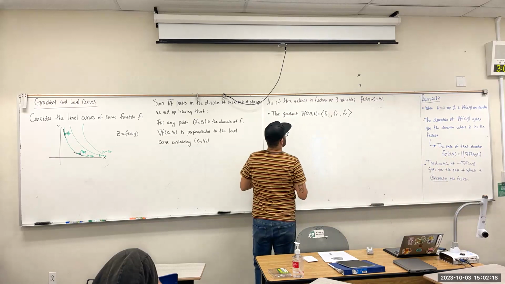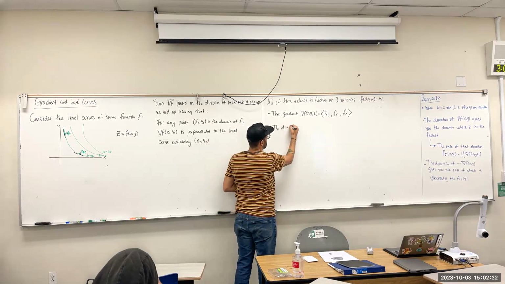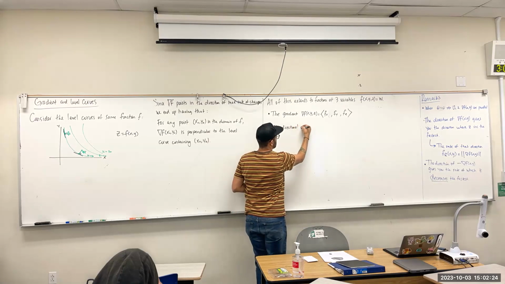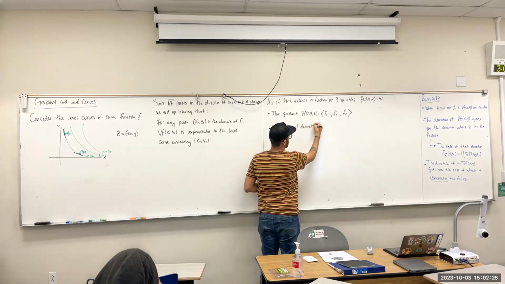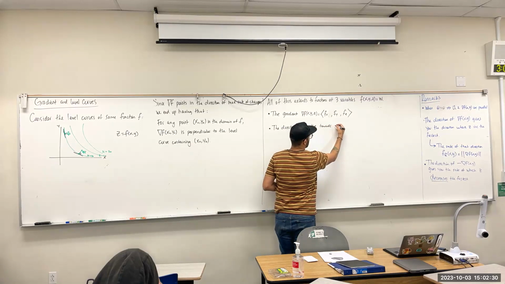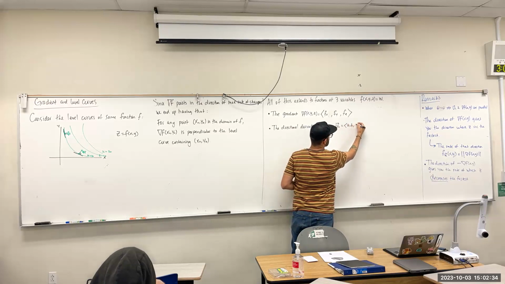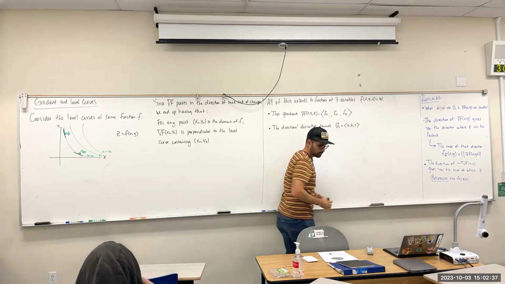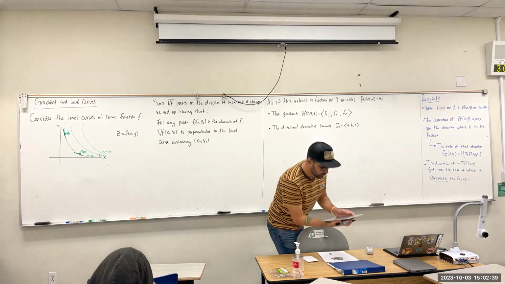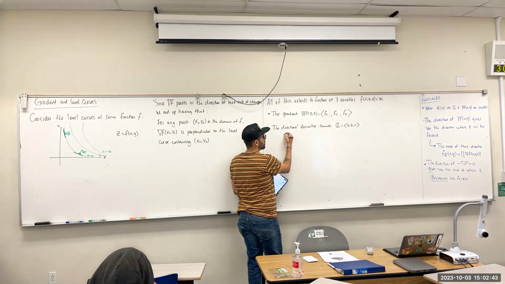So what does it mean to do a directional derivative then? The directional derivative towards the unit vector u, which now will have 3 components, we still use the same property that we did.